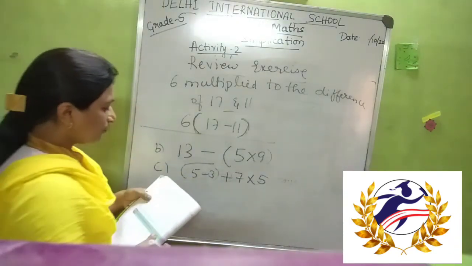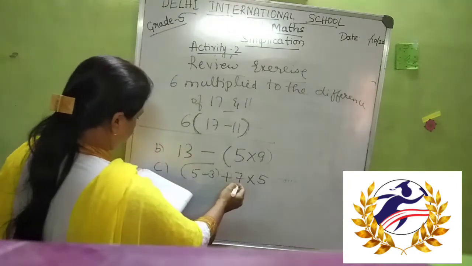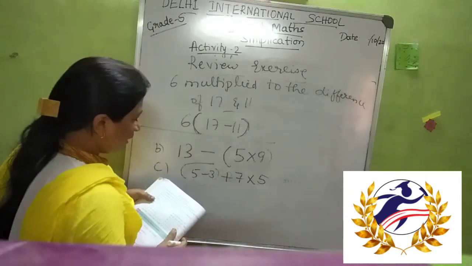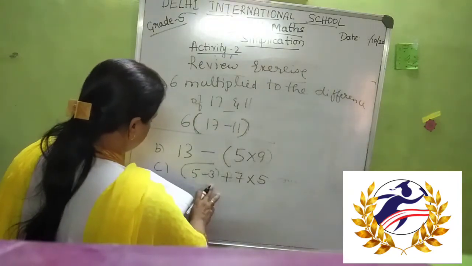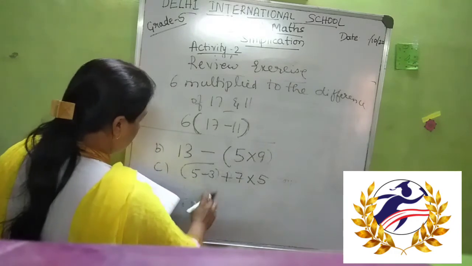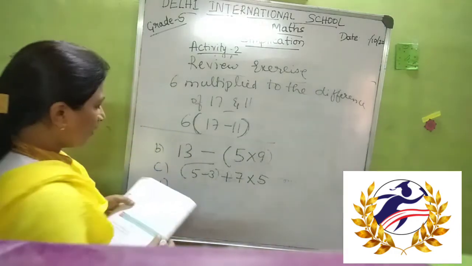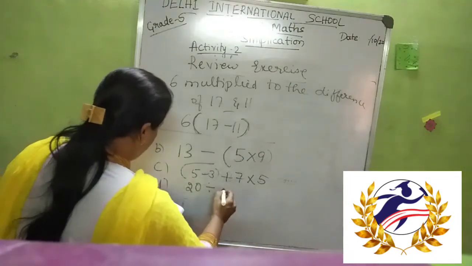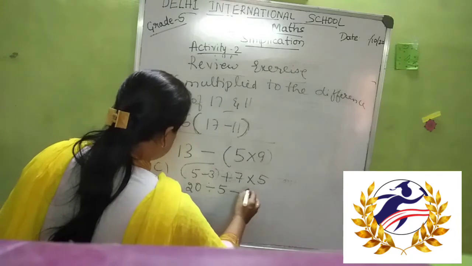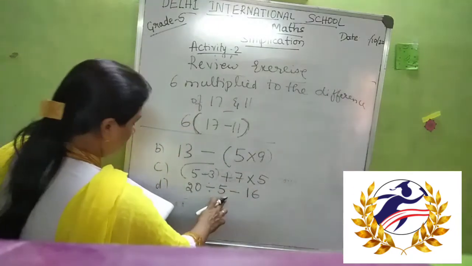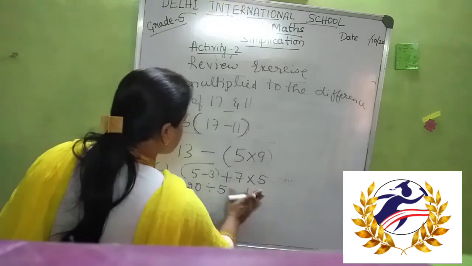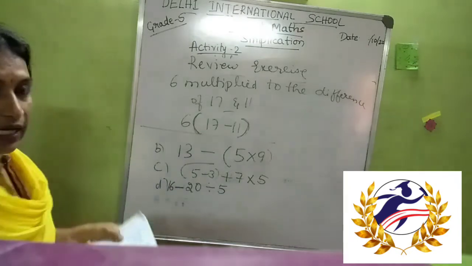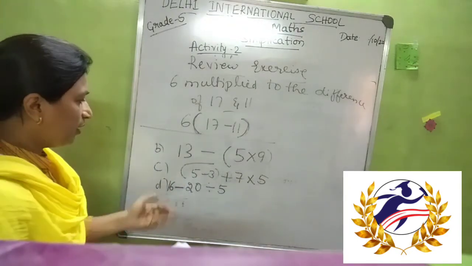So add 7 multiplied by 5 to the difference of these two. And then D problem: 20 divided by 5 subtracted from 16. Subtracted from 16 means we need to write the 16 in the first place.